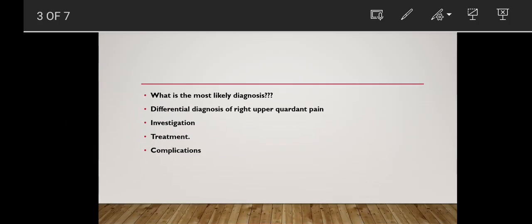What is the most likely diagnosis? Can someone guess? What are the differential diagnoses? How will you investigate this patient, how will you treat this patient, and what complications can he develop?